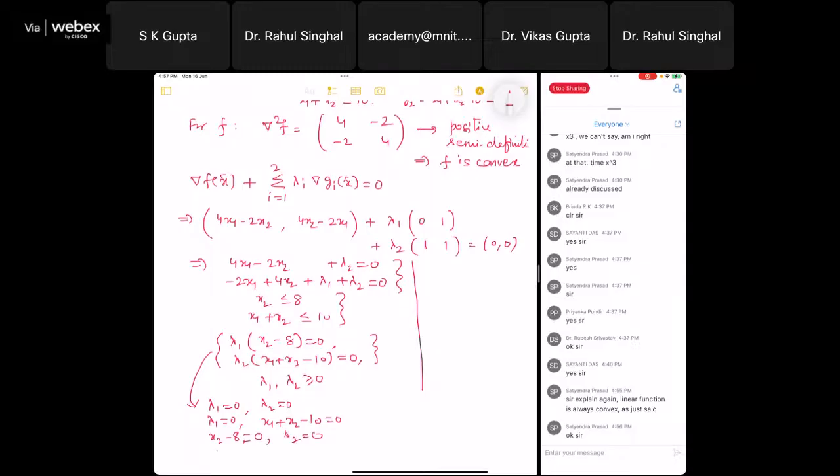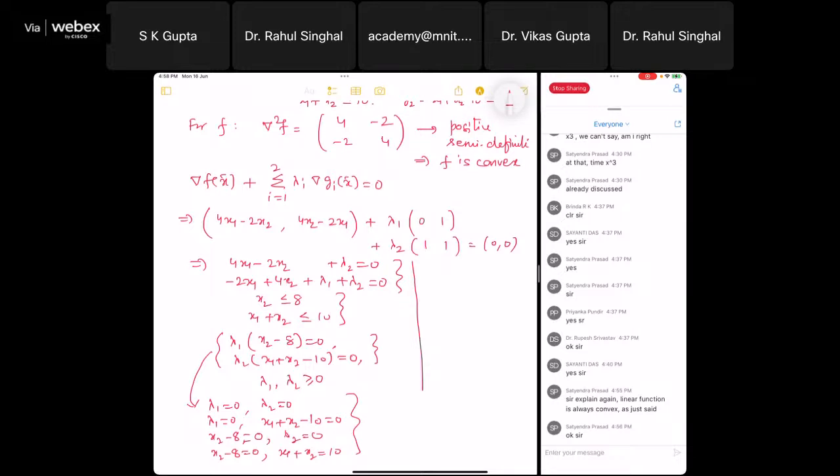And the last case is x2 minus 8 equal to 0 and x1 plus x2 minus 10 equal to 0. So using these four cases, you can easily solve, because putting these values in the other constraints will easily simplify this. And at least at one point you will get all the conditions satisfied, and that point will be the global minimum point.